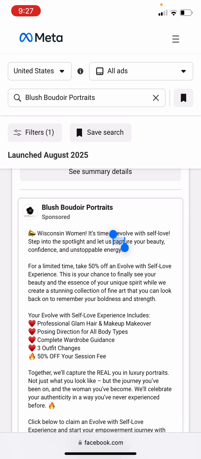And if the data told us that beauty and confidence and unstoppable energy were very relevant to the women in Wisconsin, we would add all three in. Yeah, we could add all three in. And you did a good thing here.